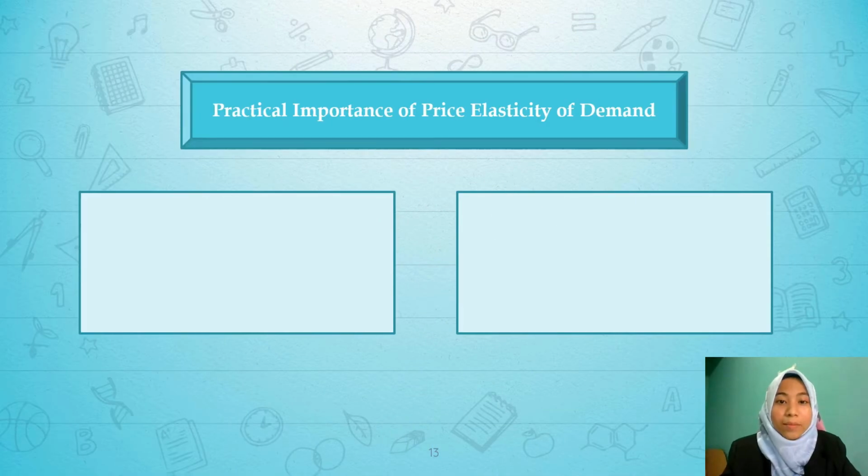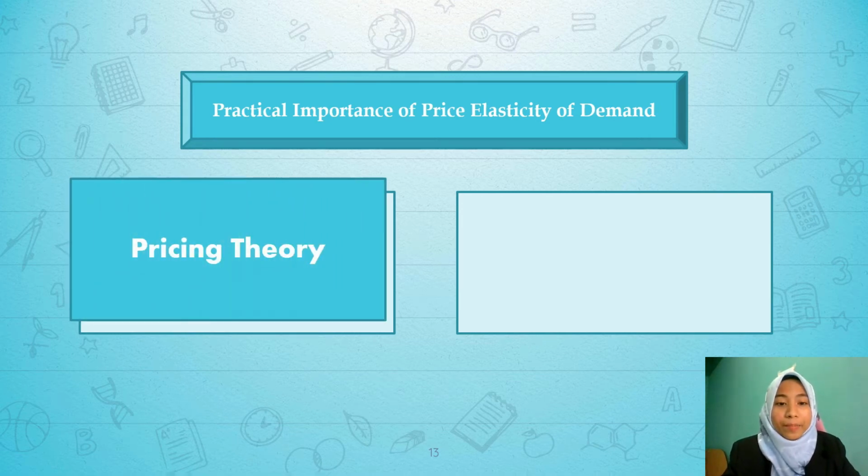Next, the practical importance of price elasticity of demand has two. First one is pricing theory. The sellers can fix a higher price for products with inelastic demand to earn higher revenue. It means products sold in a limited market, and vice versa.